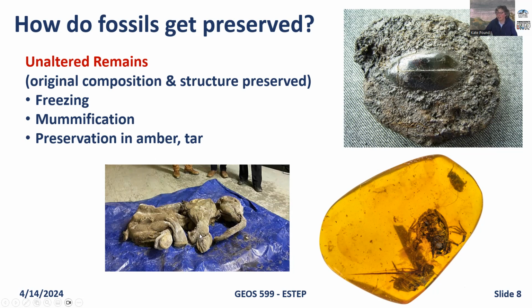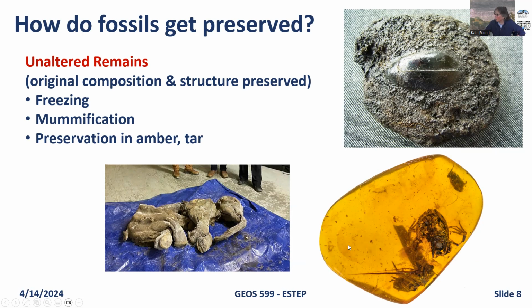Mummification would just be the drying up of material. And a wonderful example of that would be Otzi the Iceman. I decided not to include a picture of that. Then there's preservation in amber or tar.